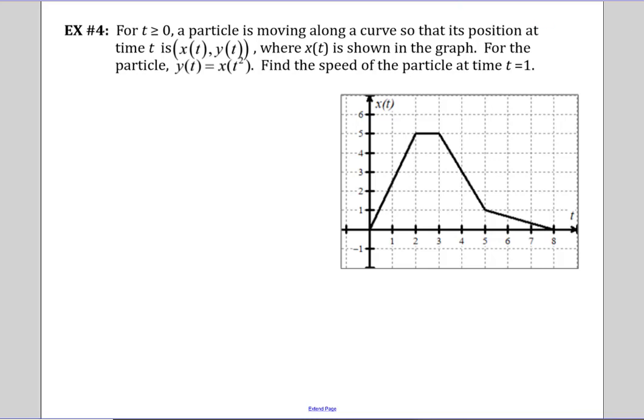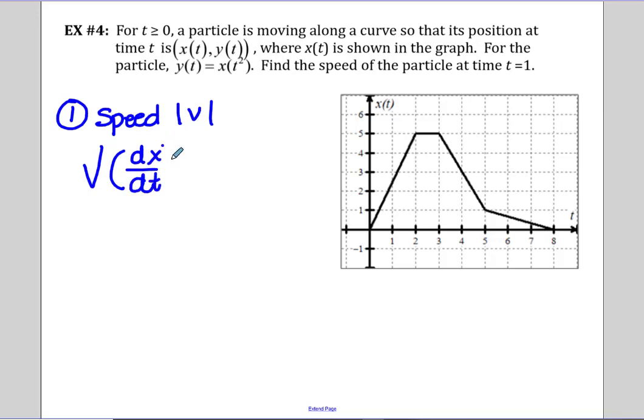So pulling from our formulas that we previously discussed, we've got the speed is the absolute value of velocity, and that's our formula dx dt quantity squared plus dy dt quantity squared.